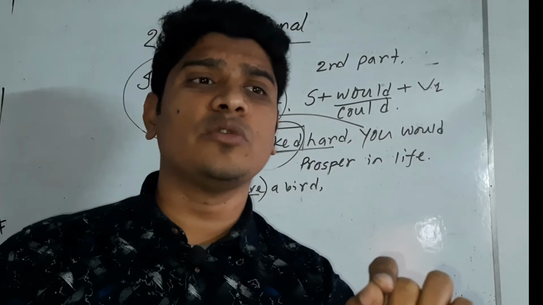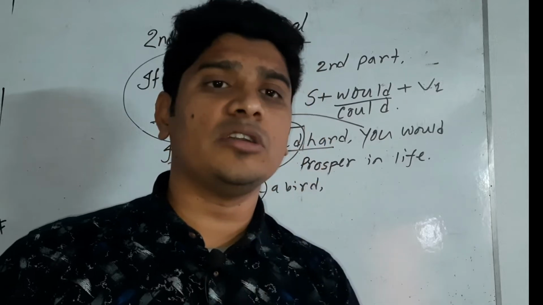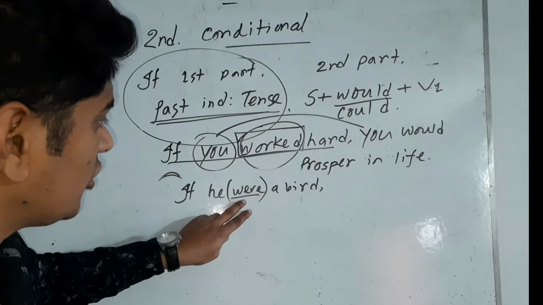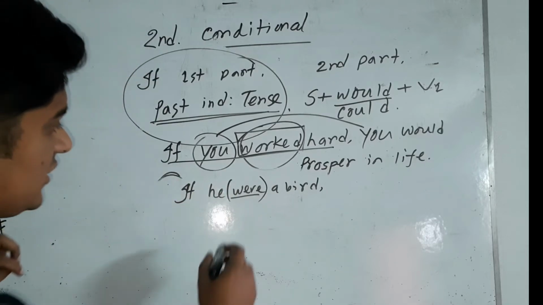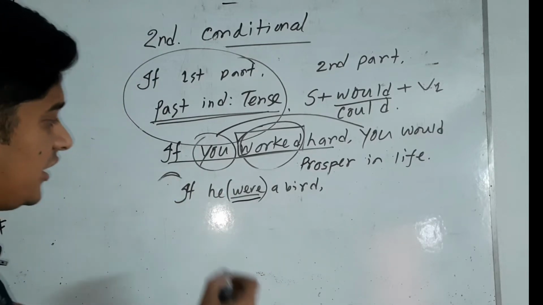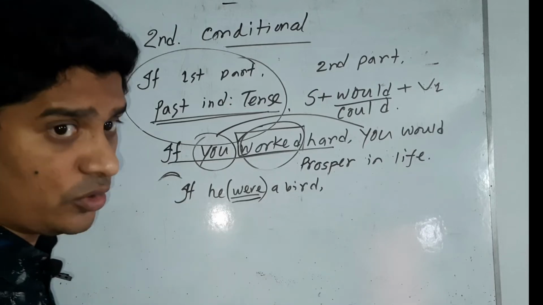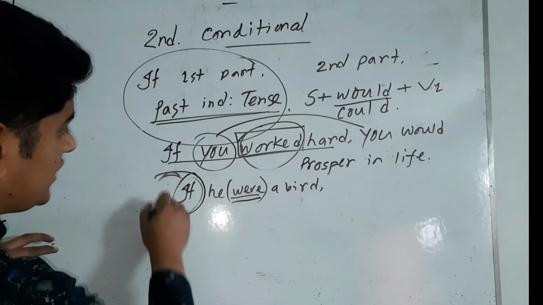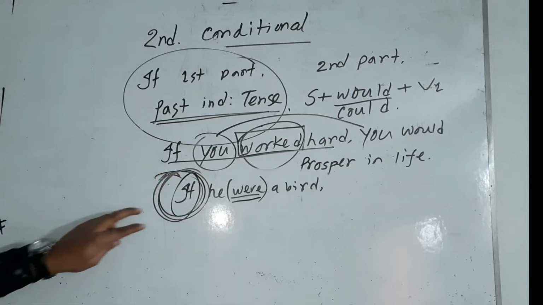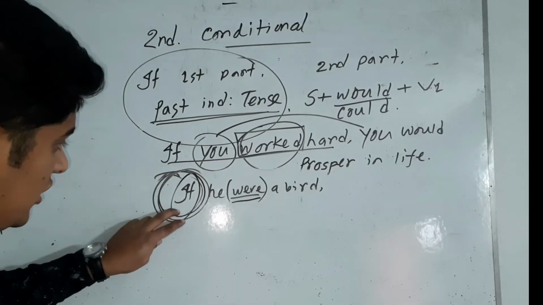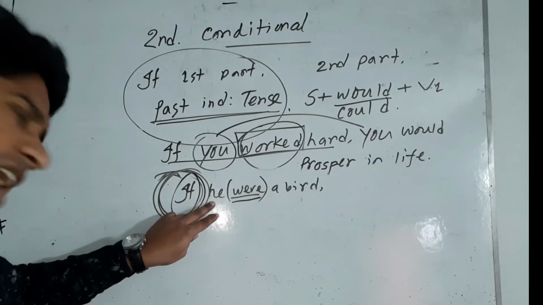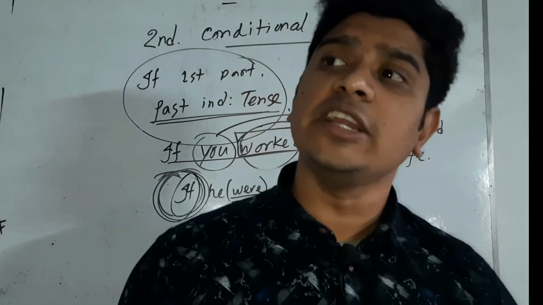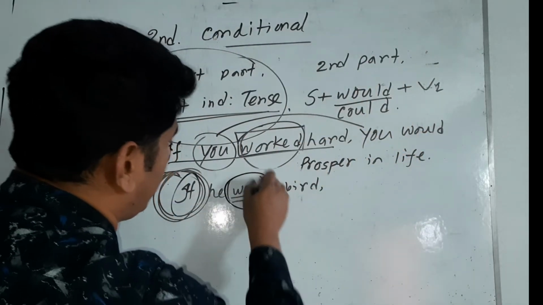From class 1 to class 12 you generally do not know the rules of were. But it is exceptional that after he there will be were, not was, because there is if. If you see any subject after if, it can be he, she, I, there will be were.